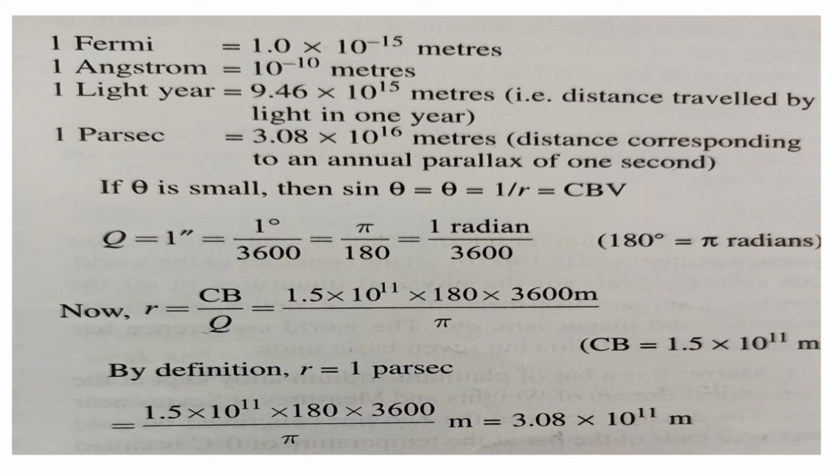By definition r is equal to 1 parsec. So by solving all this, the answer is 3.08 into 10 to power 16 meters.